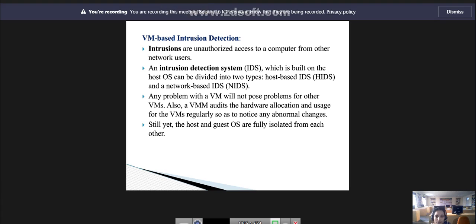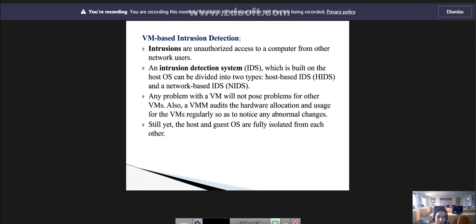An example is the subtle problem of reusing a random number in cryptography. Next, virtual machine based intrusion detection. Intrusion is unauthorized access to a computer from another network user, and intrusion detection systems, which are built on the host operating system, can be divided into two types: host based IDS and network based IDS.